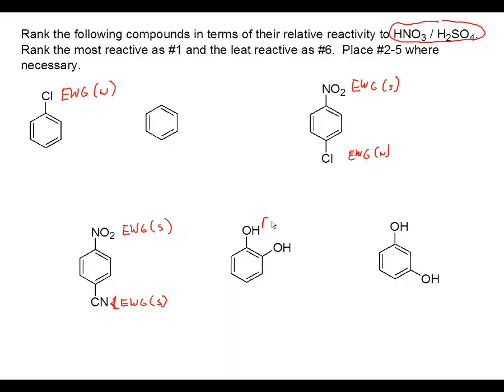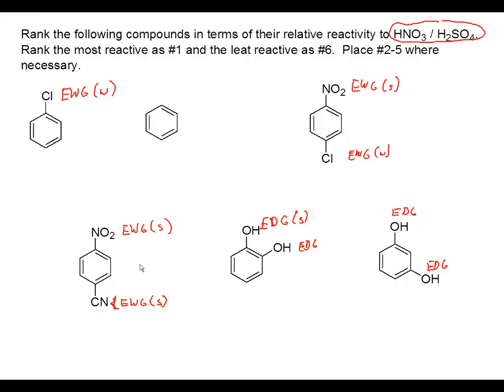The only electron donating groups we have are the same one, and they're all strong. They're all equal, of course. EDG, EDG, and EDG. So it's easy to find the most deactivated, right?